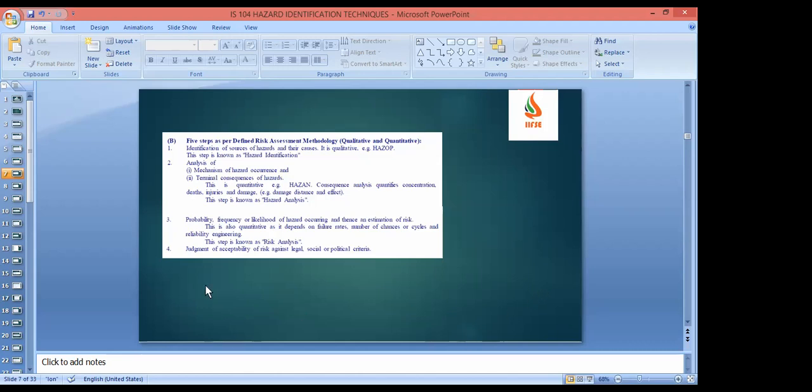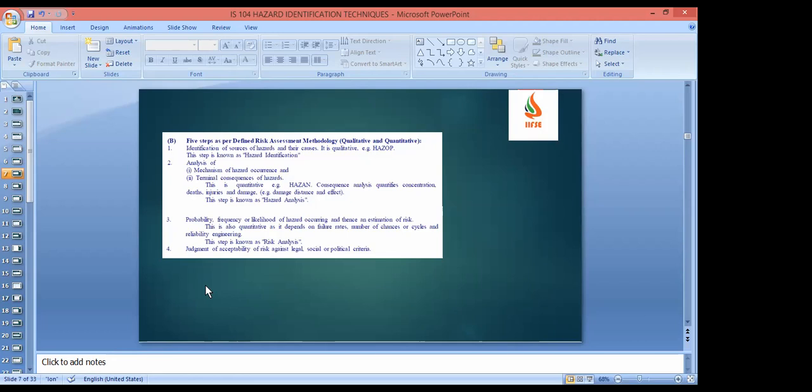And here the probability, frequency or likelihood of the hazard occurring, and then the estimation of the risk, is also quantitative. It covers failure rates, number of chances and cycles, and also reliability engineering. This step is known as risk analysis.